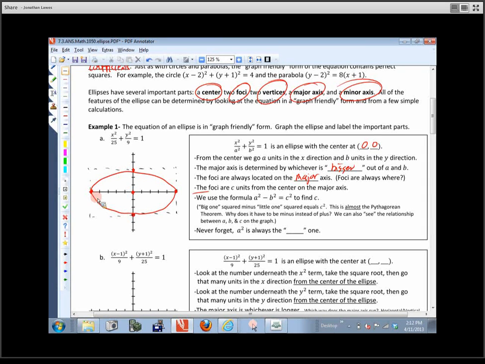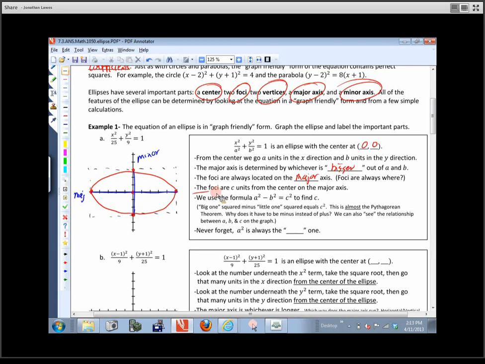Okay, this right here is the major axis. This right here is the minor axis. Major's the big one, minor's the small one.